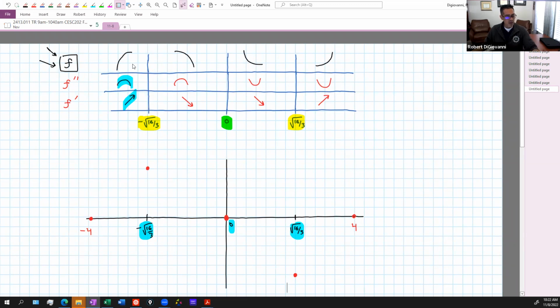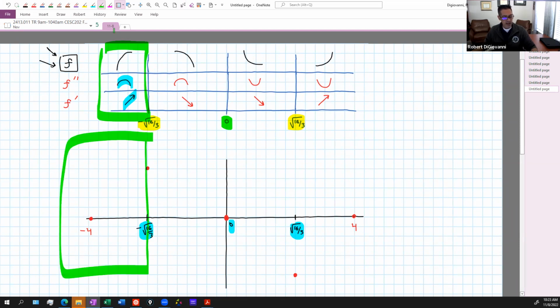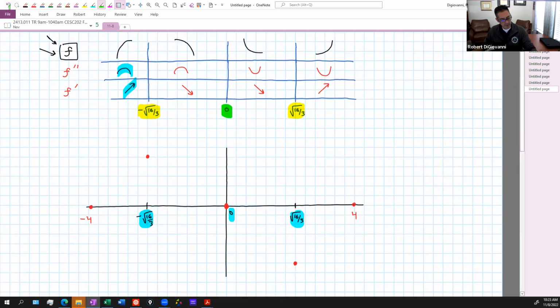Because I know that to the left, over in this region, it's going to have to look like the left side of a frown. So my graph is going to look like this, but I've got to go through that x-intercept, and it's going to have to continue going down forever. And then between this negative root 16 over 3 and 0, it must look like the right side of a frown, till it gets here.